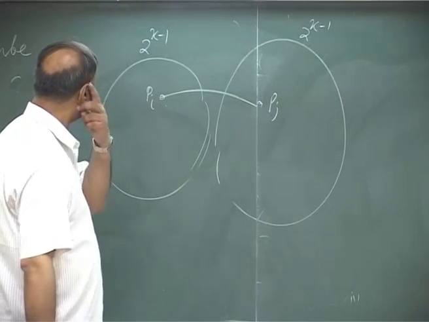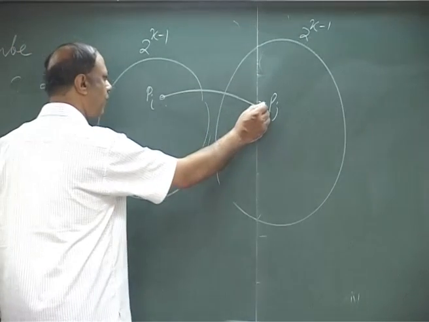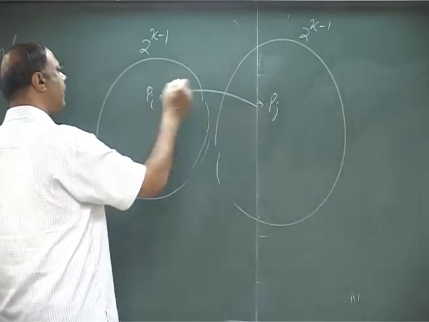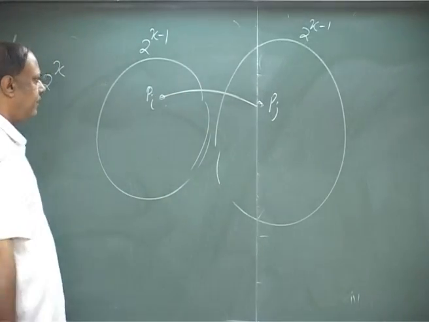So what I can think is that you can bring the content of Pj into Pi and add it.